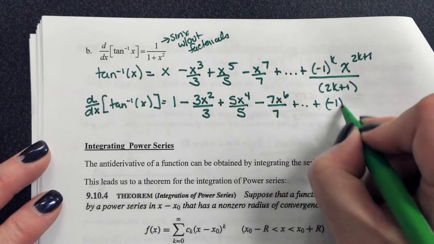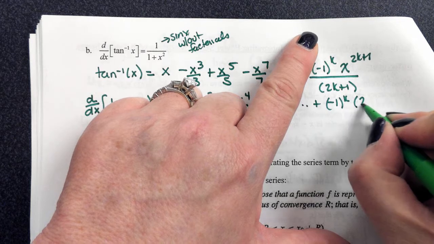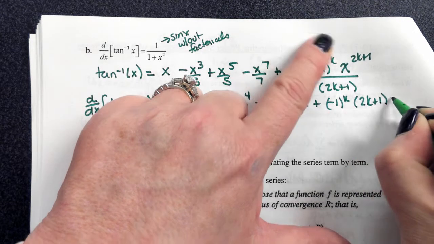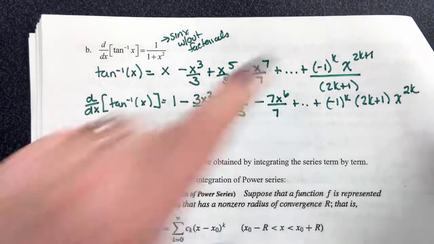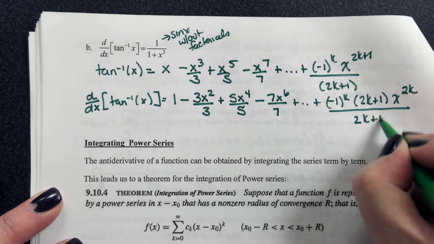I have my negative 1 to the k. Again, I'm going to end up with, using my power rule, 2k plus 1 times x to the 2k, all over 2k plus 1.